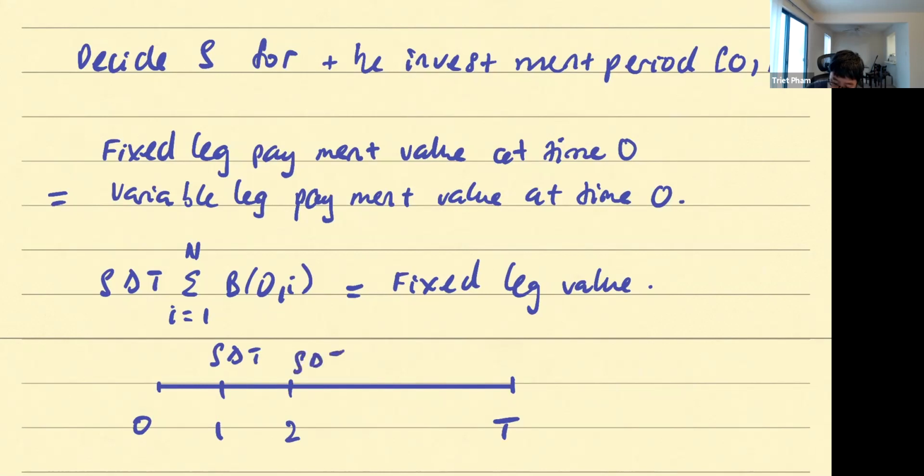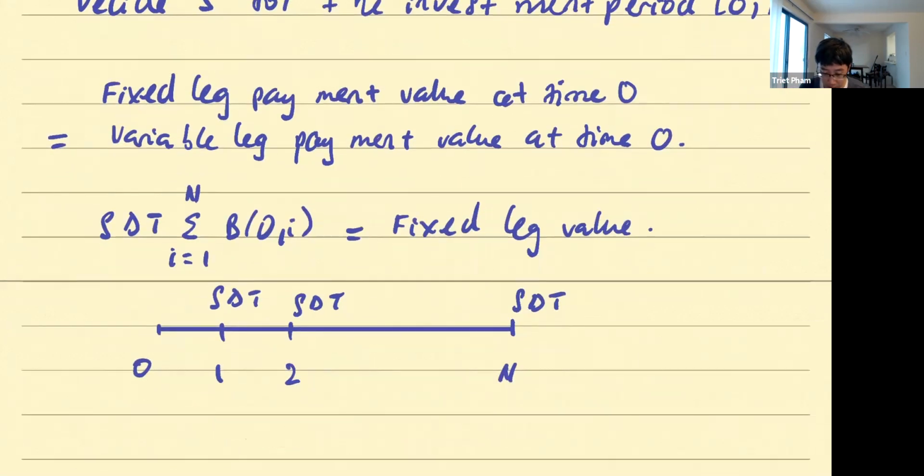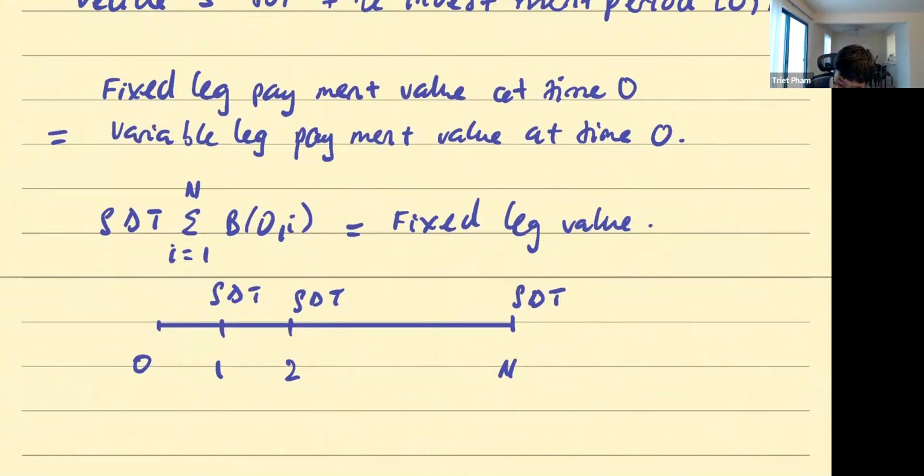S delta T at time 2, discounted back, you get B02. And finally you have S delta T at time N, and if you discount it back, you get B0N. So that's the fixed leg. What about the variable leg? Surprisingly, if you follow what's going on so far, the variable leg payment value will be 1 minus B0N.